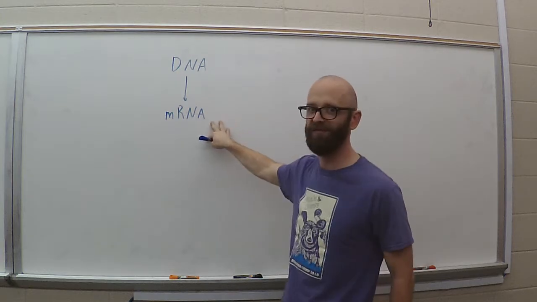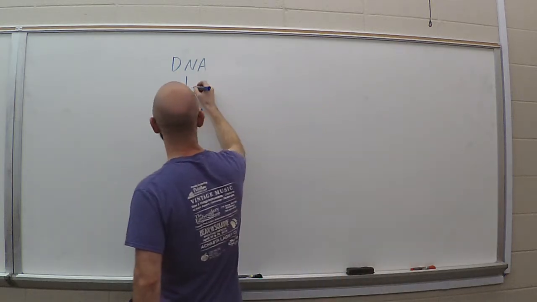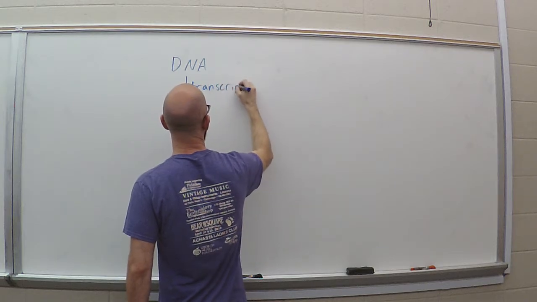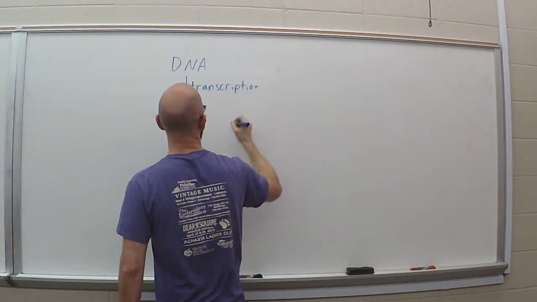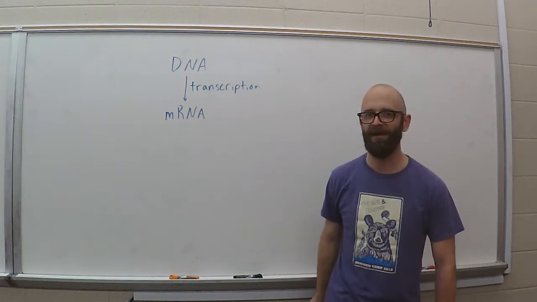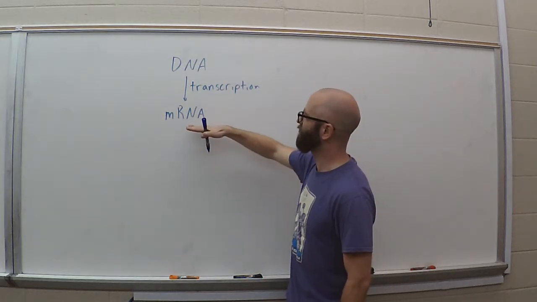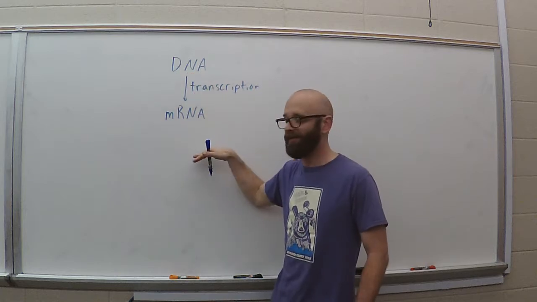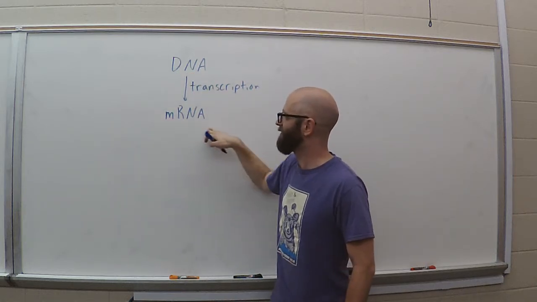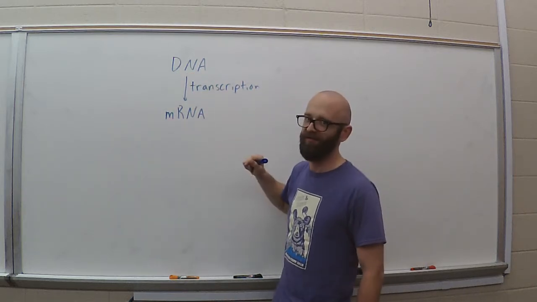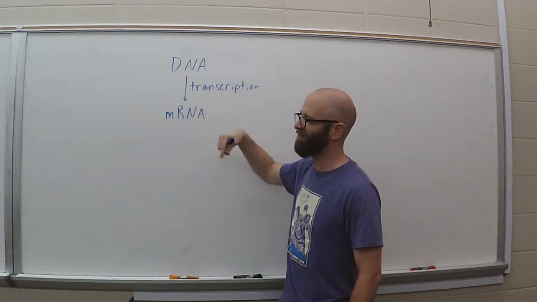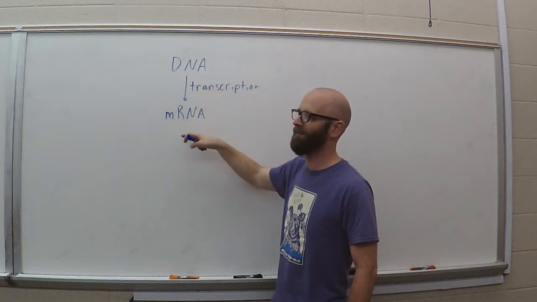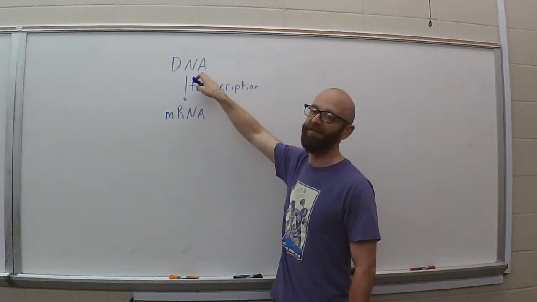This process right here is called transcription, right? A transcript of that gene in the DNA is made. The transcript is RNA. So basically a copy of the DNA gets made, but it's just an RNA copy of the DNA gene.